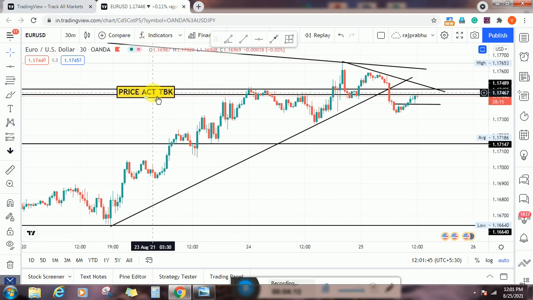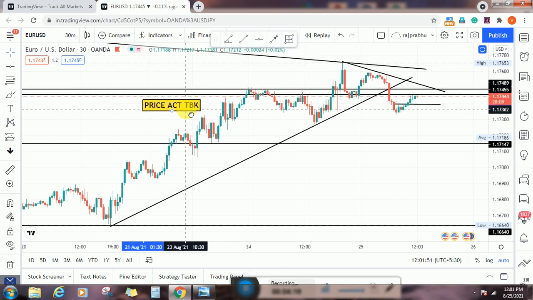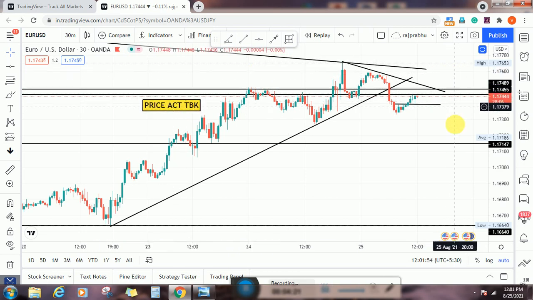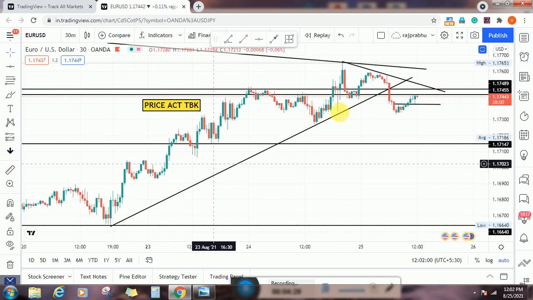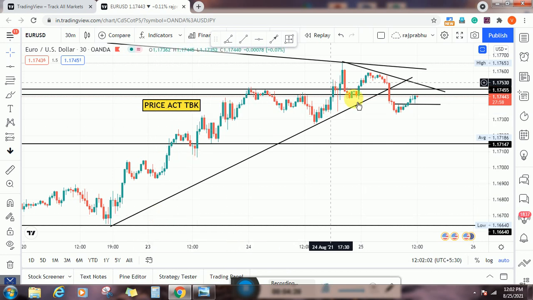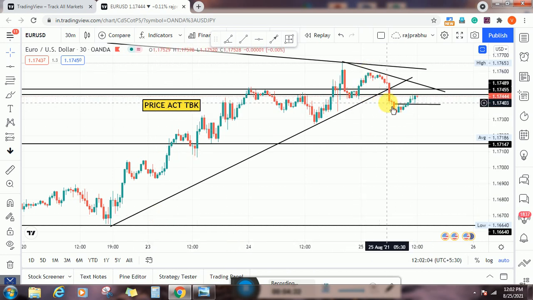Right now the EUR USD is running in my MT4 chart. The position is running. Okay, and what are the things? See, this is a trend line. When the uptrend is broken, see here, this is a breakout, a pure breakout. It's very simple to find this breakout.